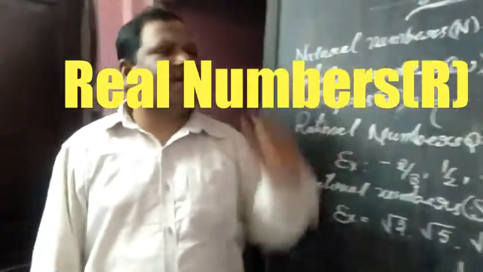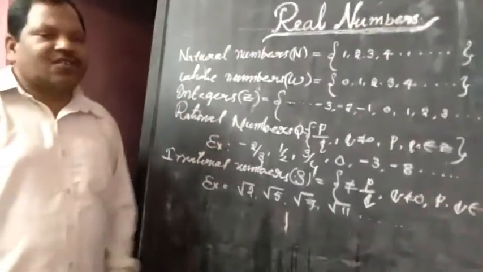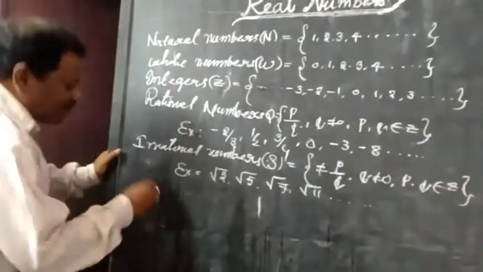Now what is a real number? A rational number and an irrational number together are called a real number.